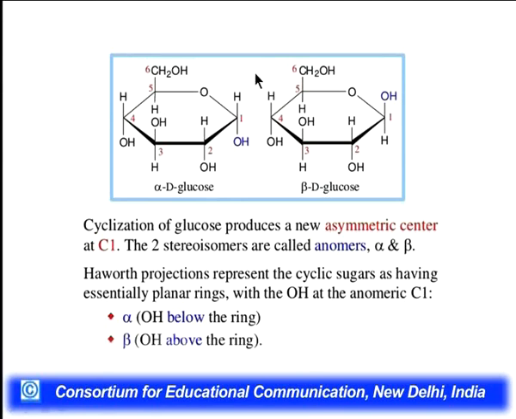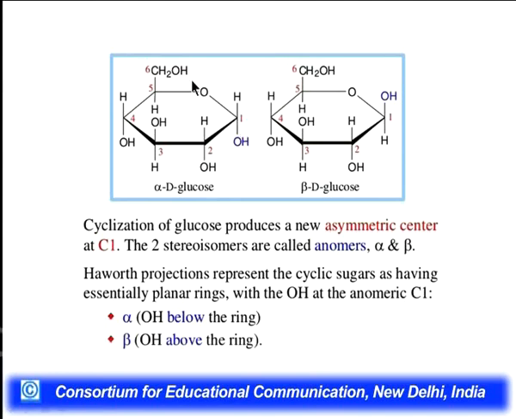Now when we compare these two Haworth structures, we find that the configuration at the second carbon, third carbon, fourth carbon and the sixth carbon is the same. It is only the configuration at the first carbon that is different, and this first carbon becomes asymmetric as a result of cyclization, and in this case the OH is on the lower side.